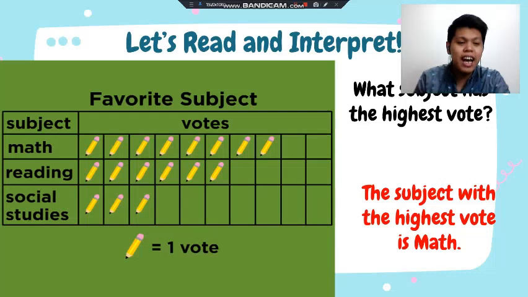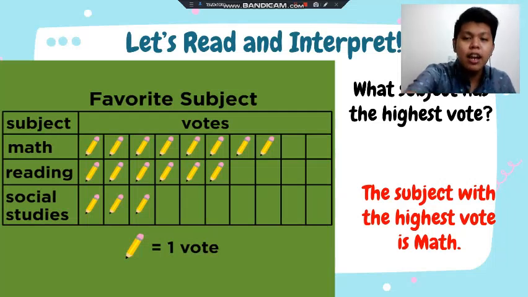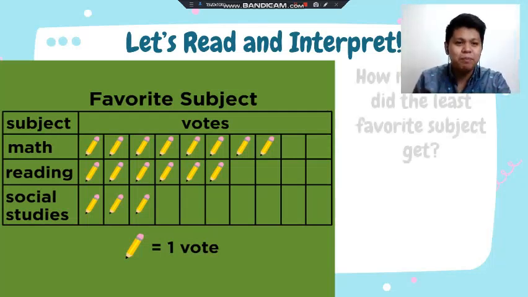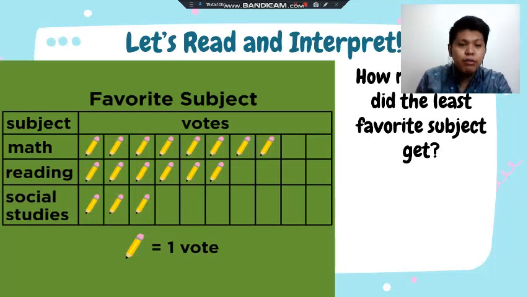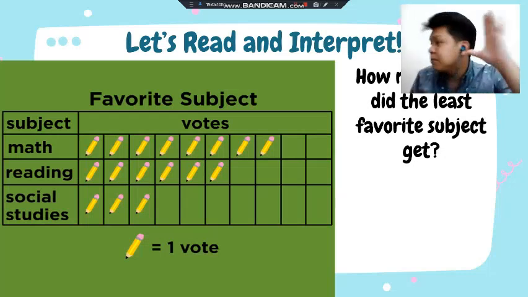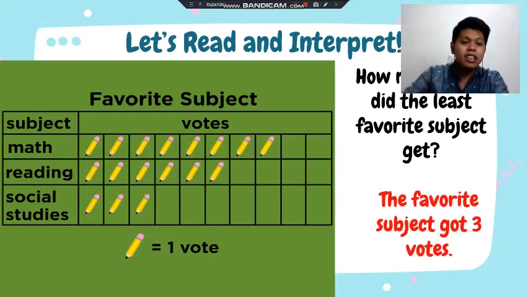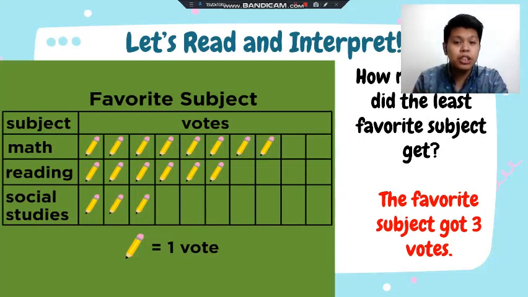The subject with the highest vote is math. Let's count. 1, 2, 3, 4, 5, 6, 7, 8. It has 8 votes. Next question. How many votes did the least favorite subject get? It got 3 votes. And what subject is that? Social studies.